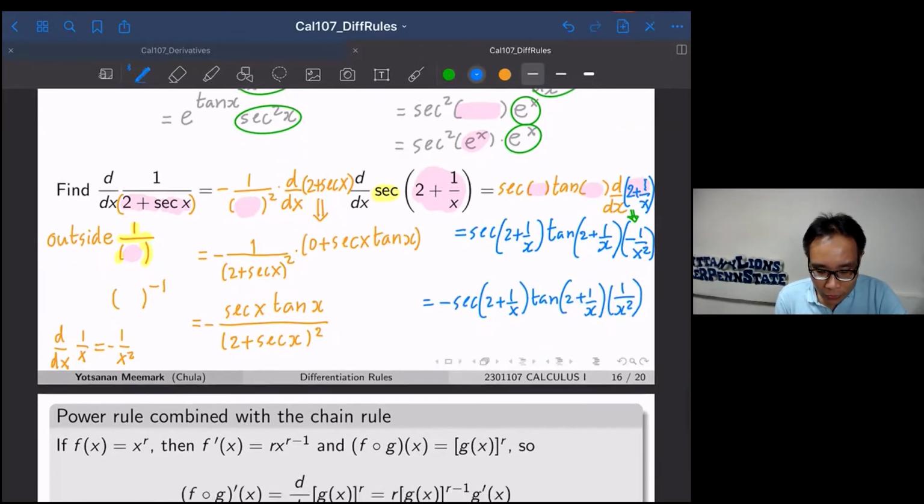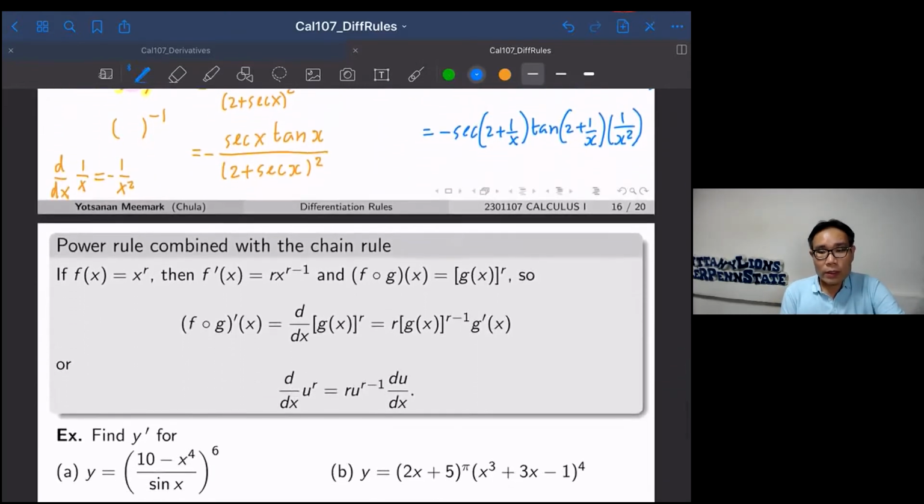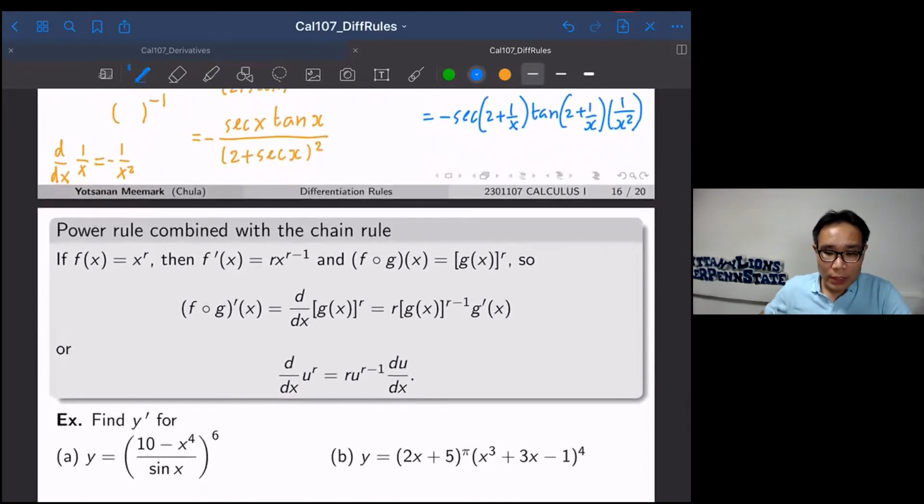The thing that we always have turns out to be the power rule combined with the chain rule. When you have the power rule combined with the chain rule, you have f(x) equal to x to the r. This one turned out to be the outside, and you have g(x) inside. So you have f of g(x), which turns out to be g(x) to the r.